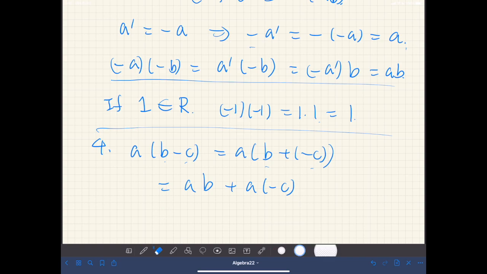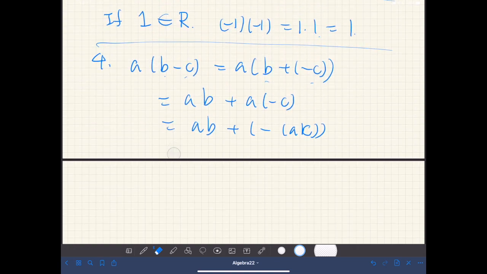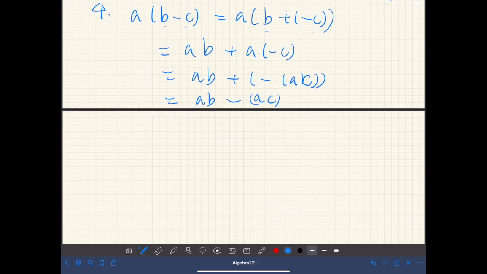But from part 3, we know that a times negative c is equal to negative of ac. But we can abbreviate this operation as ab minus ac. And we're done. And we can prove in a similar manner that a minus b times c is equal to ac minus bc. Okay, so this is an exercise.